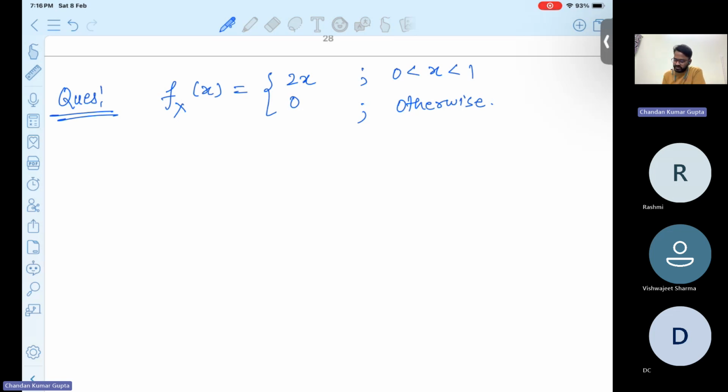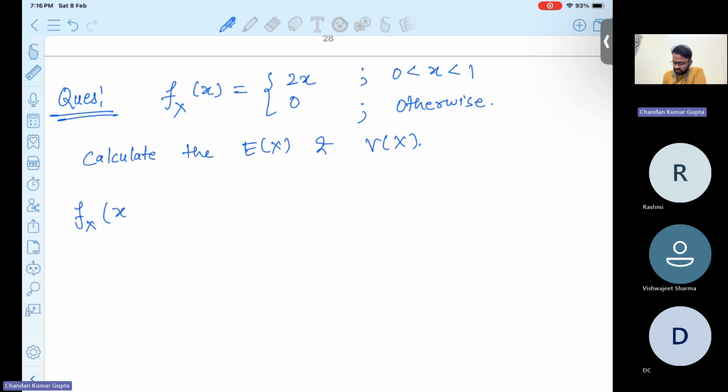We need to calculate the expected value of X and variance of X. So everyone, please try to solve this and let me know the answer. I'm also solving.